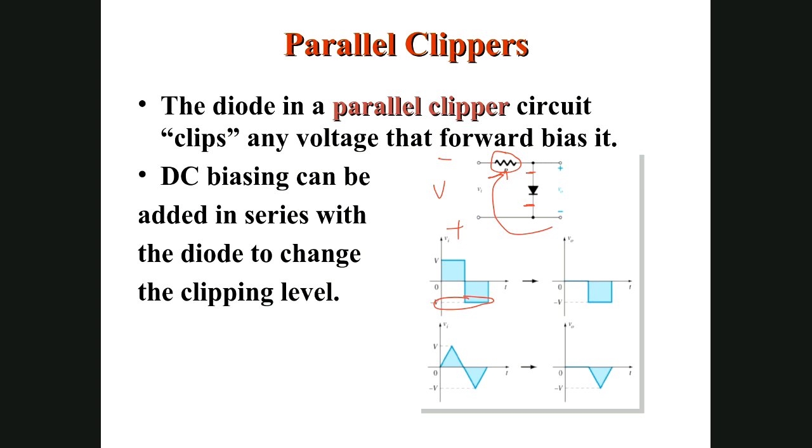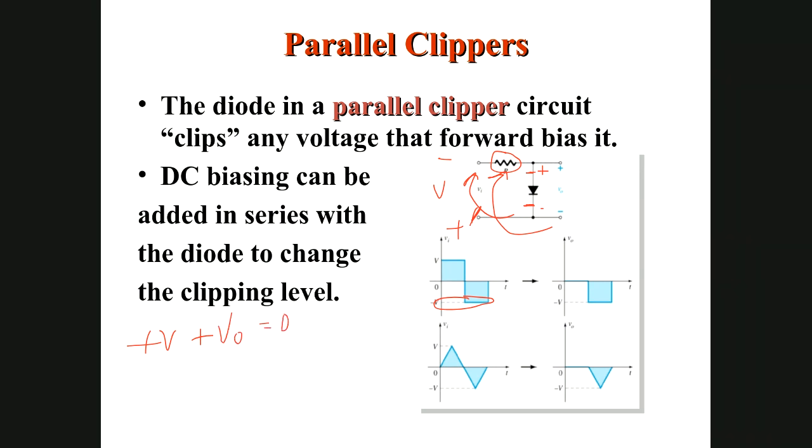Now, since your diode is parallel to the output, voltage here is the same. So let us write KVL in this loop. Let us start at this point, plus. So it will be plus V, and voltage here is 0, plus VO, that is V output, equals 0.